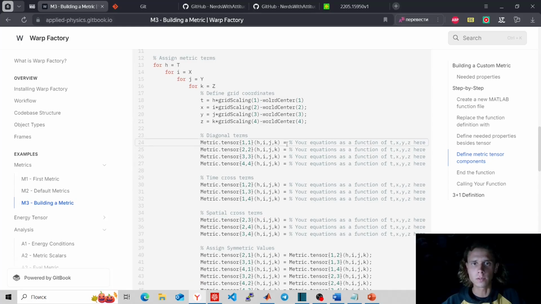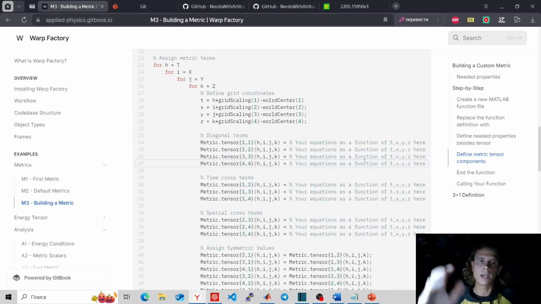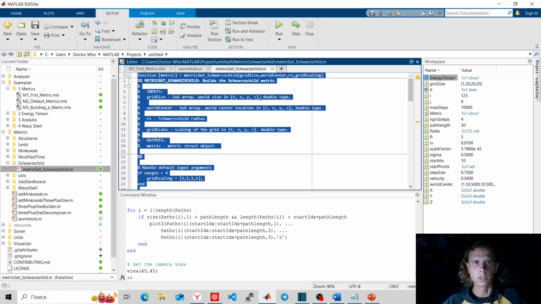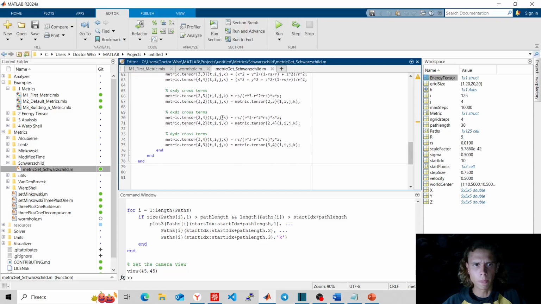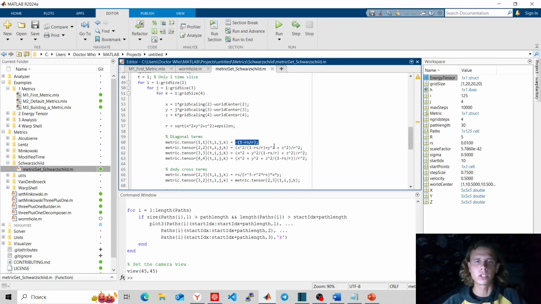And we have to specify here the functions of our metric, component by component, like for example here in the Schwarzschild metric, every component has its own value, which actually comes from the metric in Cartesian coordinates.